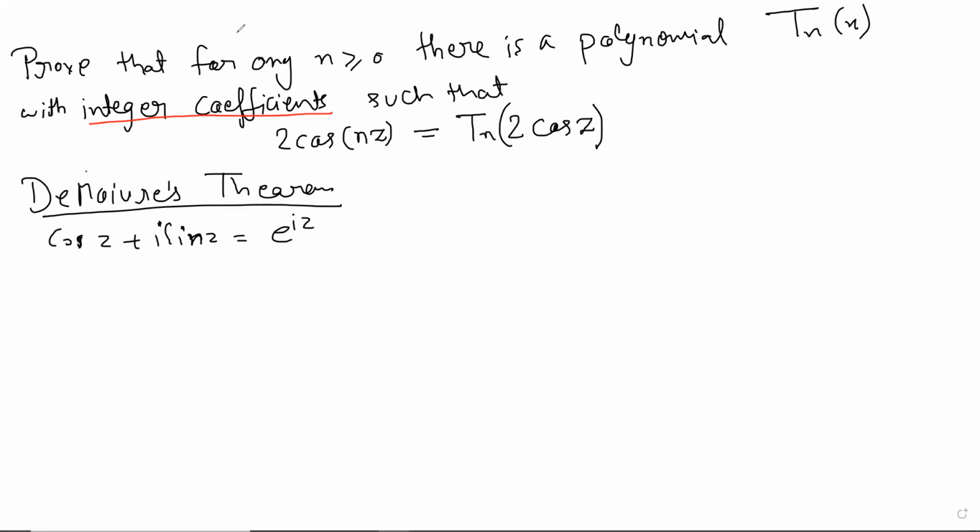First of all, we have to get cos nz in the picture, right? So let's try to get cos nz in the picture. For that, we raise this to the power n, because this is how you will get cos nz in the picture.